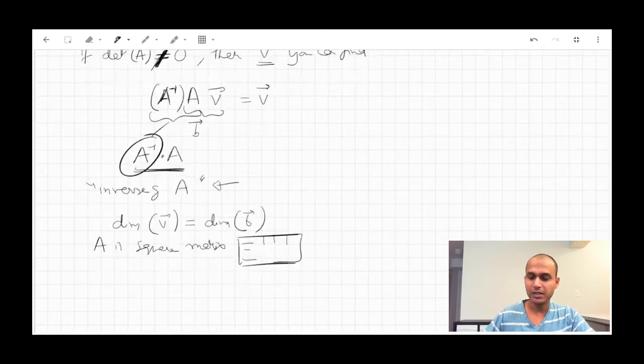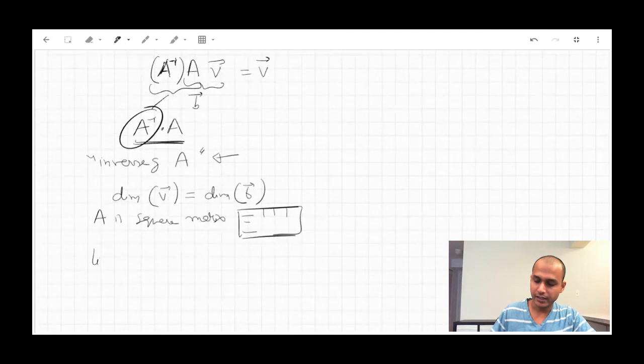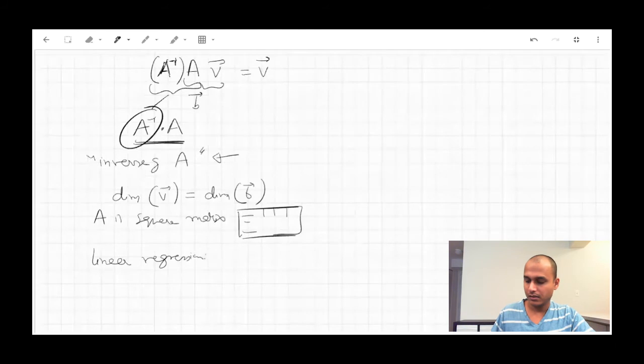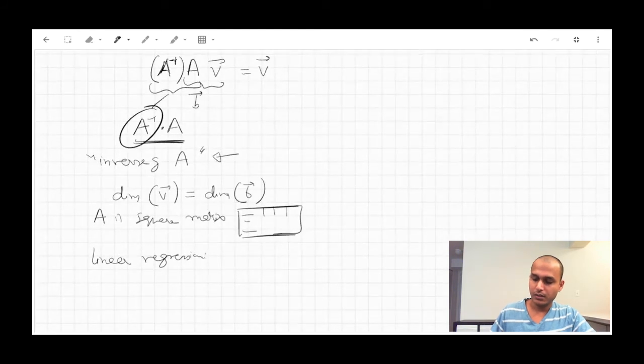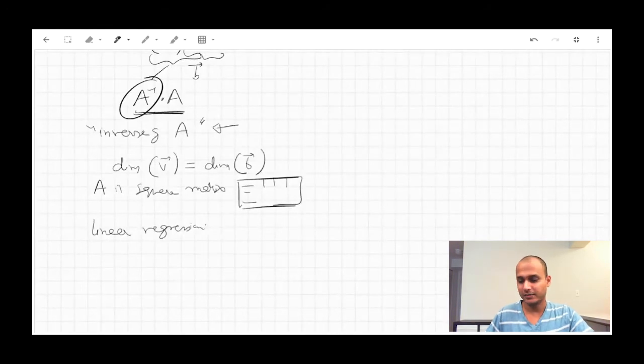We'll not worry so much about the computation, how inverse is computed. So let's think of linear regression, right? I'm just going to motivate linear regression and then circle back to the computational issue of how A inverse is computed.